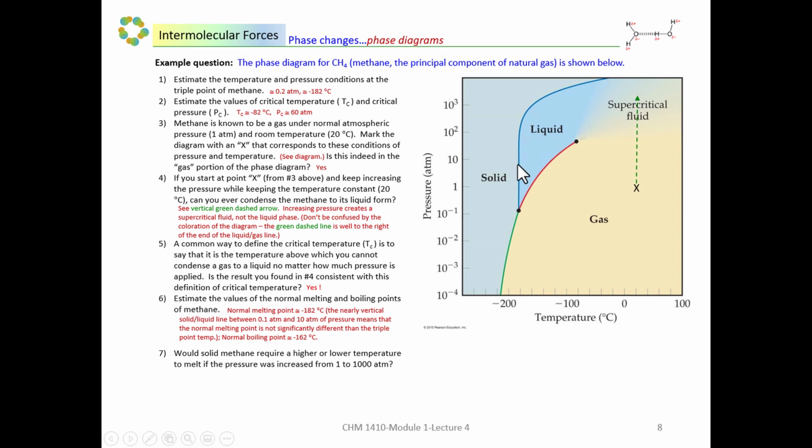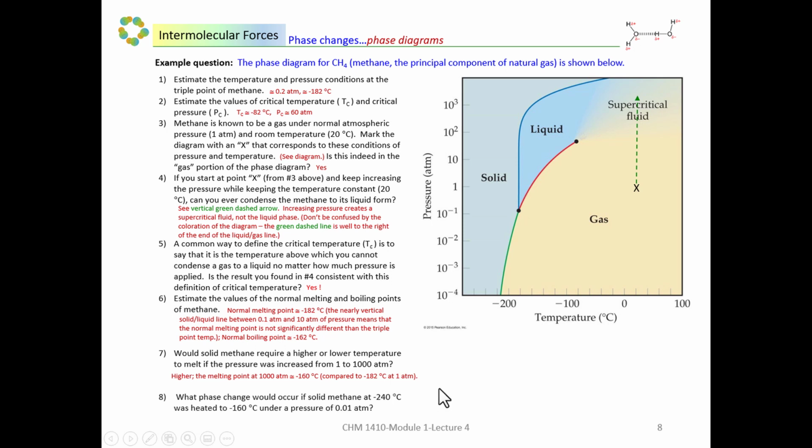It appears that if we go from 1 atmosphere to 1,000, the line between the solid and the liquid moves to higher temperatures. So that means that we would require a higher temperature to melt solid methane at the higher pressures.